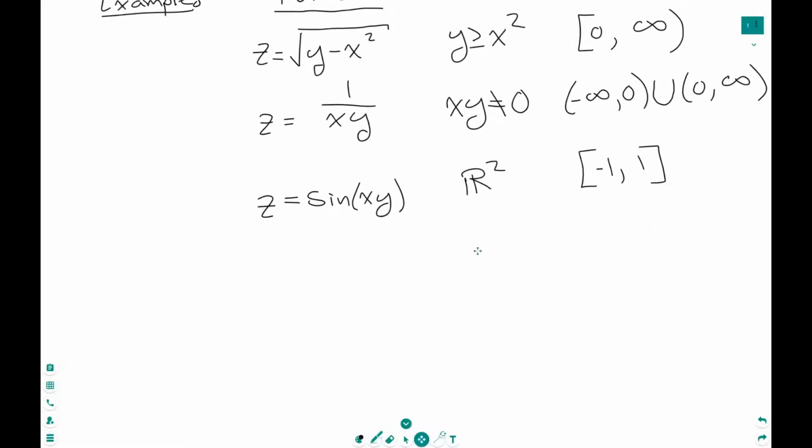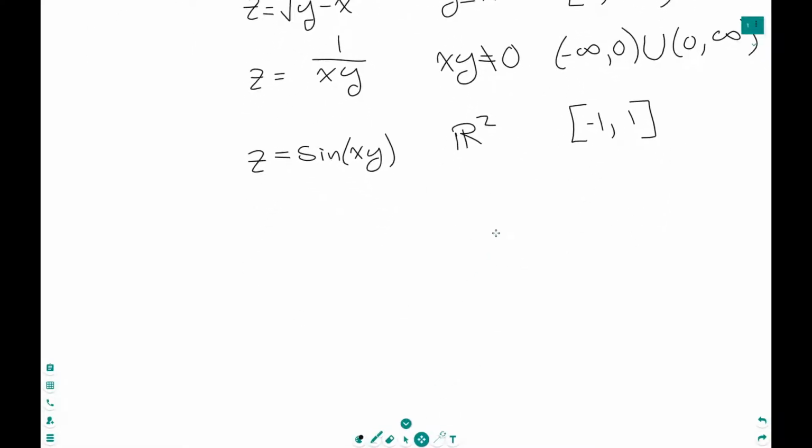So we can also extend this idea to higher dimensions as well.